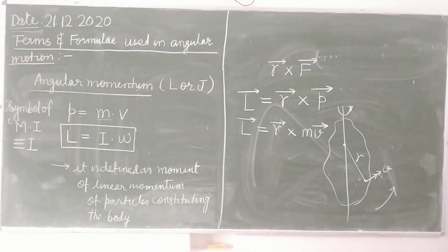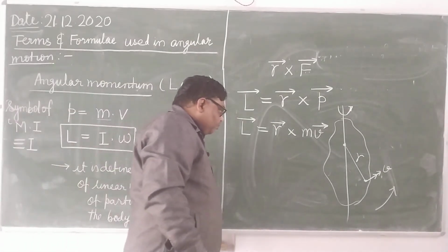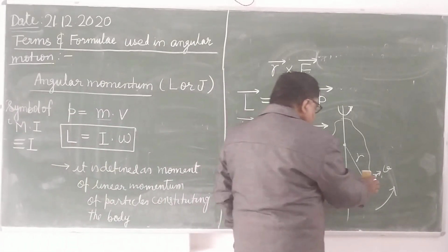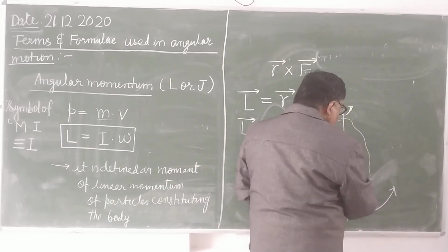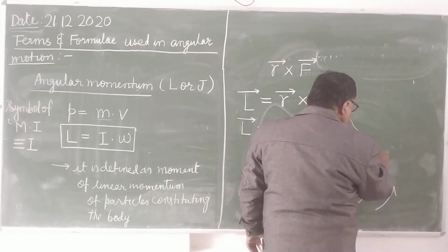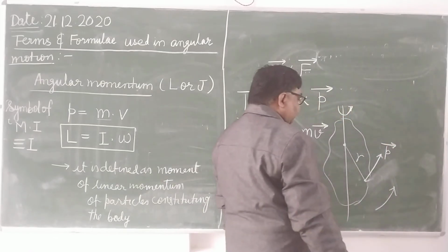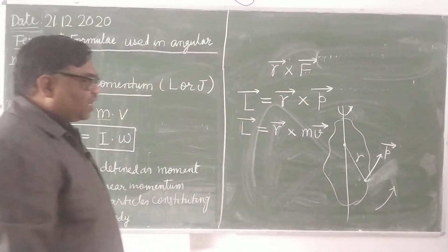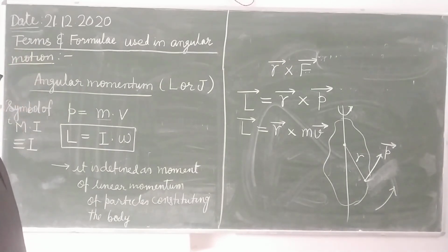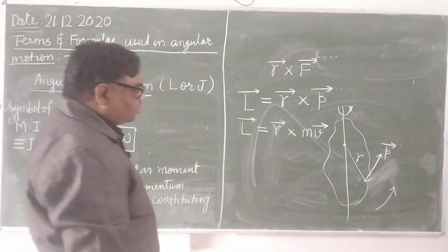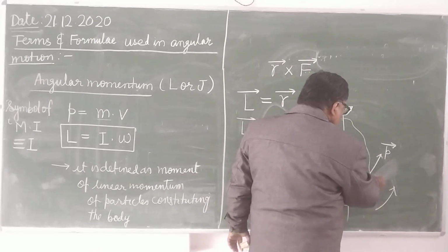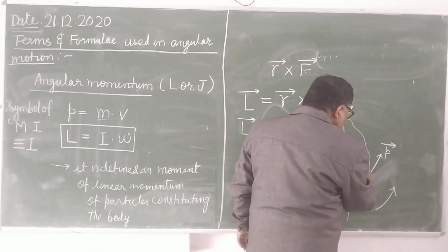Now suppose this is the velocity vector or momentum vector, because momentum is directed in the same direction as the velocity. If you resolve this into two components, suppose this angle is theta.